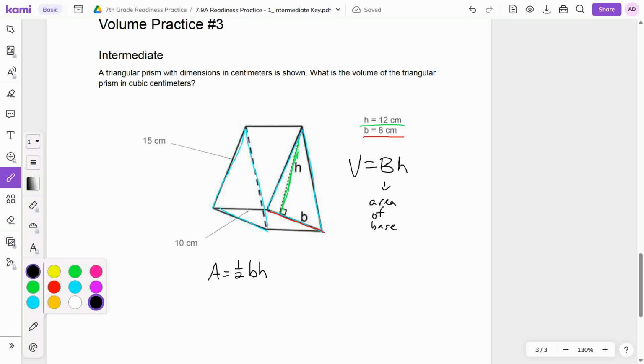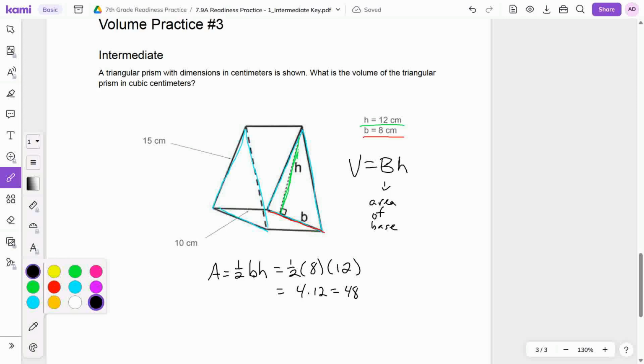This is a triangle. And so I already have all of these calculations, or all of these numbers, dimensions. This b is my 8, and this h is my 12. Let's go ahead and do that same thing. Let's do 1/2 of 8 is 4 times 12. So that's going to equal 48.